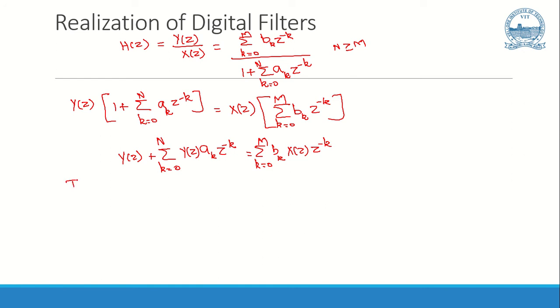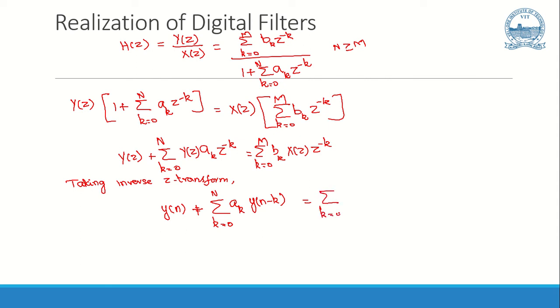So now on taking the inverse z transform, we have y of n plus summation k equal to 0 to N a k y of n minus k is equal to summation k equal to 0 to M b k x of n minus k.